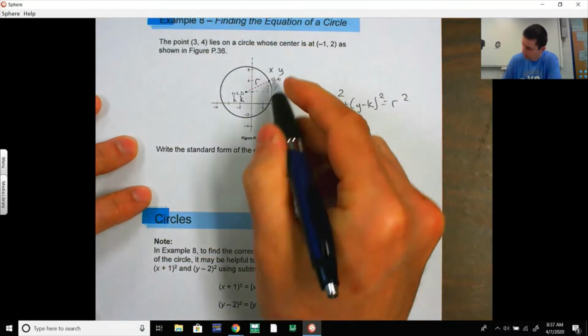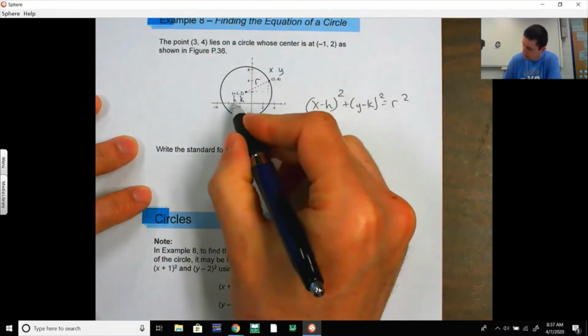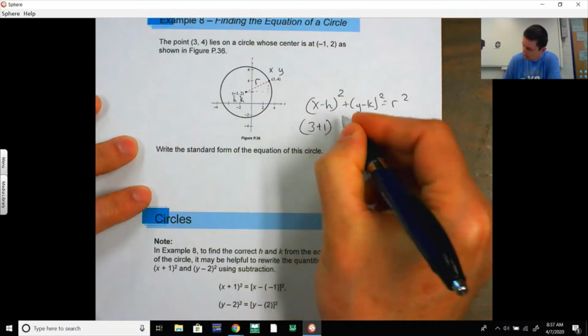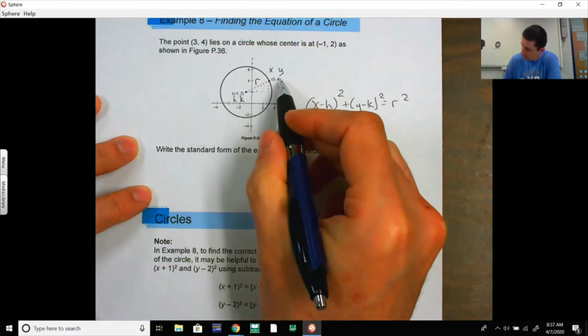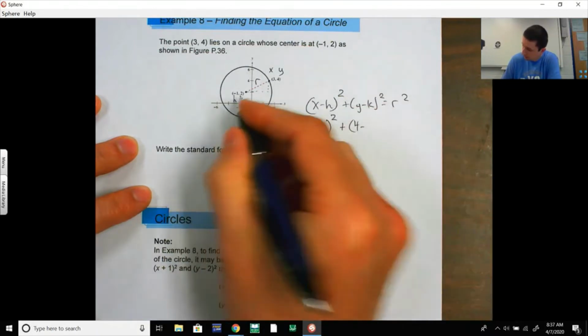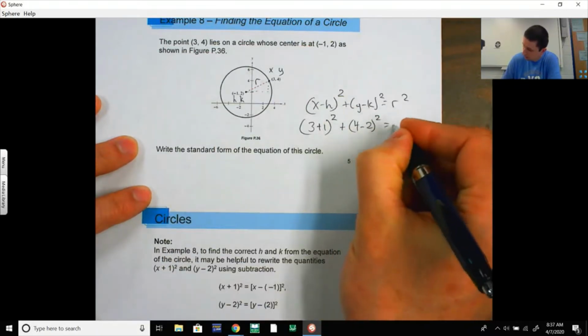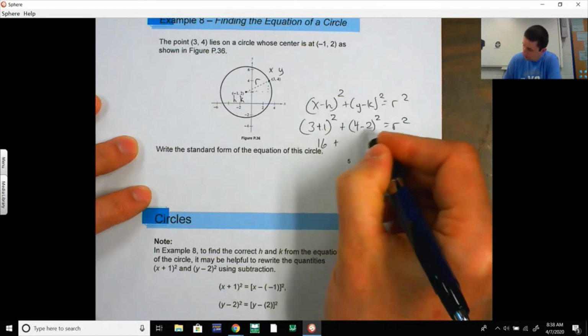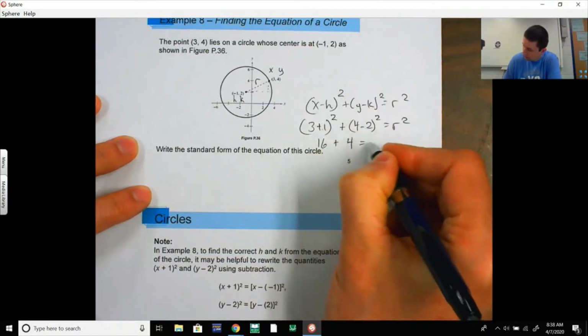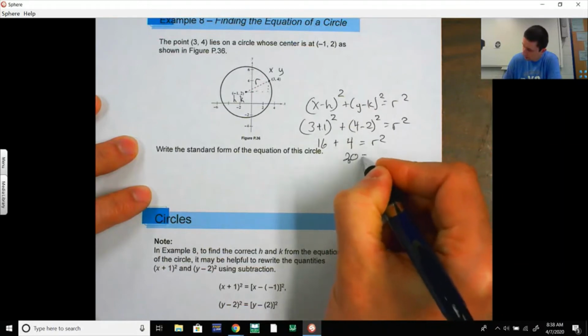So x is 3, minus h, minus a negative 1, so (3 minus negative 1) squared, that's (3 plus 1) squared, plus y minus k, so y is 4, k is 2, (4 minus 2) squared, equals r squared. So this would be 4 squared, that's 16, 4 minus 2 is 2, 2 squared is 4, that equals r squared, so 20 equals r squared.